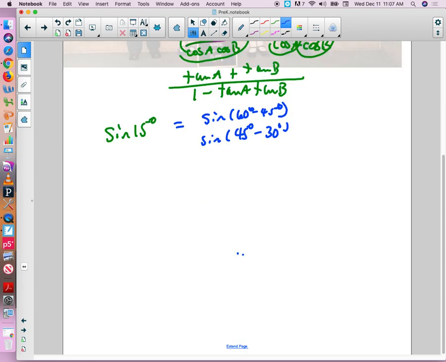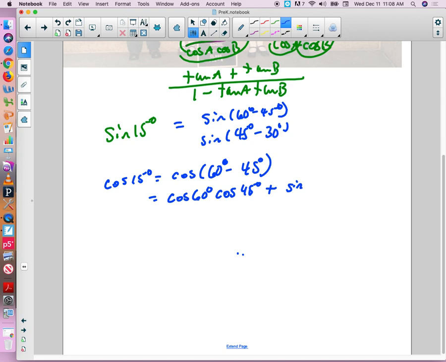All right, now let's look at cosine of 15. I'm going to do it with cosine of 60 minus 45. So I'm going to go cosine A, cosine B, plus sine A, sine B. Cosine is an even graph, so the signs are different than what you expect them to be.